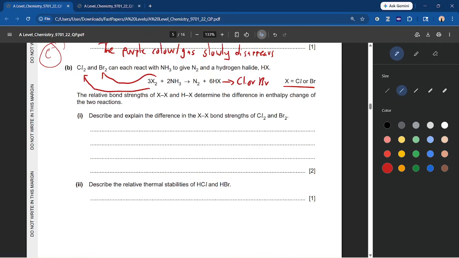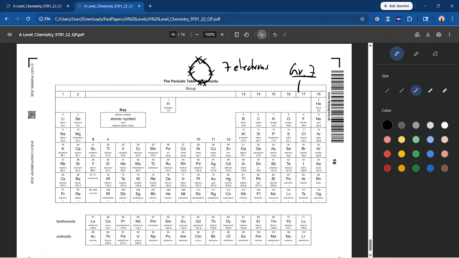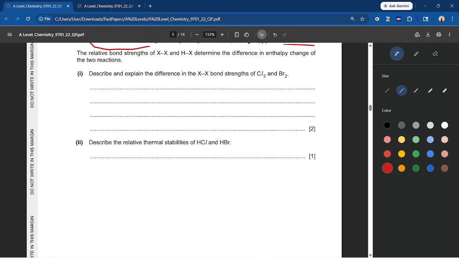The relative bond strengths of X-X and H-X determine the difference in the enthalpy change of the two reactions. Describe and explain the difference in the X-X bond strengths of chlorine and bromine. So this is interesting. Let's take a look at the proton numbers. Chlorine has an atomic number of 17, bromine has an atomic number of 35.